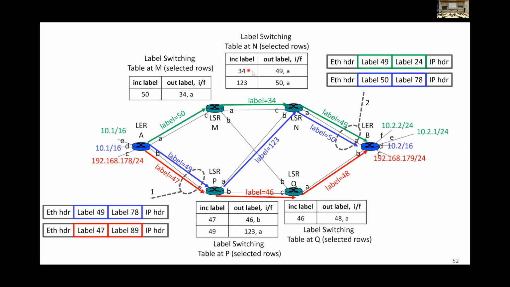Anything that comes with label 34, for example, that comes presumably on this port C, the table says, change the label to 49 and send it on A. So this is the job it will do here. Typically, such tables are not huge. You don't have millions of labels, but perhaps thousands that correspond to the number of virtual private networks that you're supporting over your carrier infrastructure. So this is the label switching router.